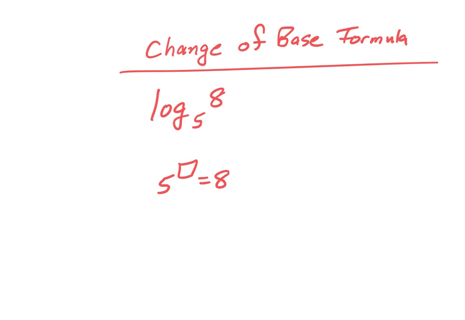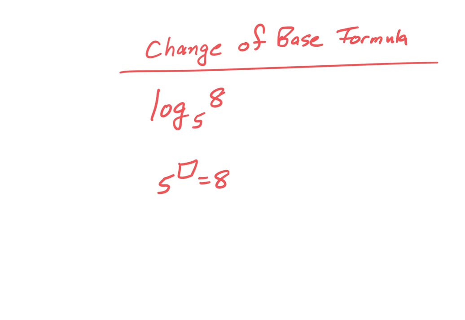Is that a nice, easy integer number? No, right? 5 to the first power is 5. 5 to the second power is 25. So we know our exponent's going to be somewhere between 1 and 2, but we don't really know what it is, okay?